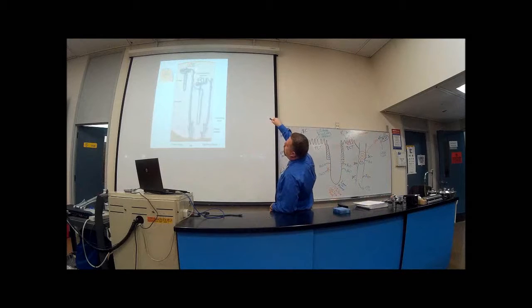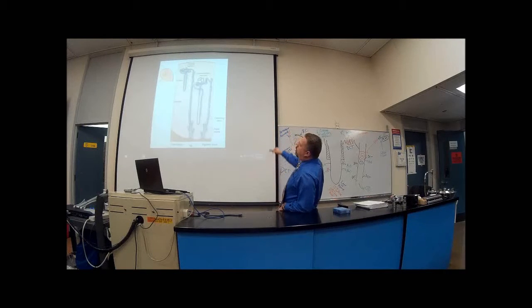Here's the cortex up here of the kidney, and this is the medulla. So here's a cortical nephron. You see how the renal corpuscle is up here? It's still in the cortex, but the loops don't really go that deep in the medulla. This accounts for about 85% of all the nephrons.